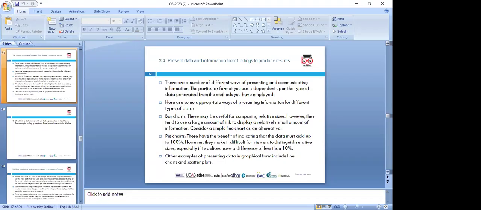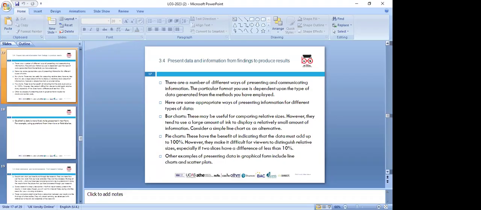And so in your project work, you need to try your best not to have anything that would take your time and make your data collected difficult to interpret. So bar charts take quite a lot of ink, but then you can consider using the line chart as an alternative.